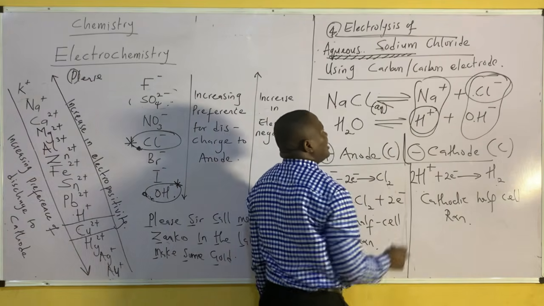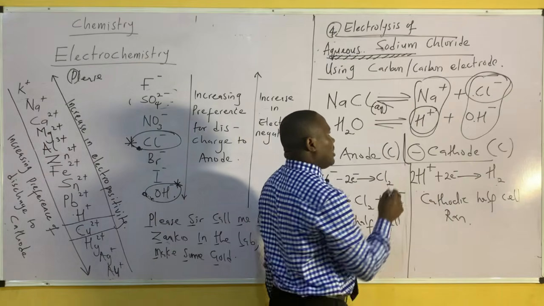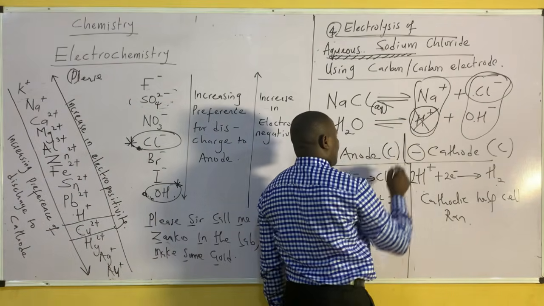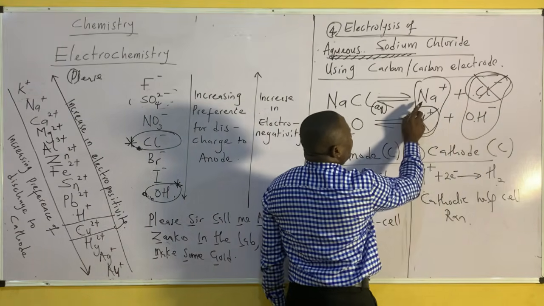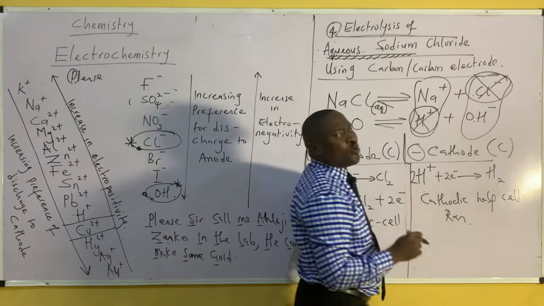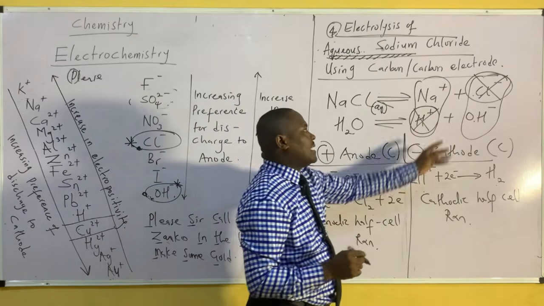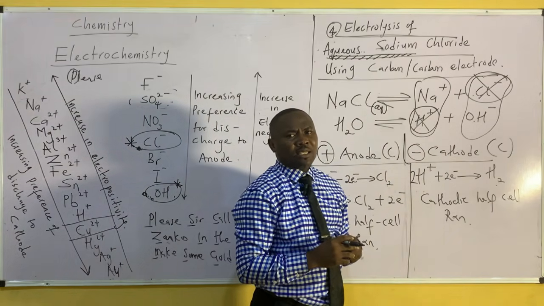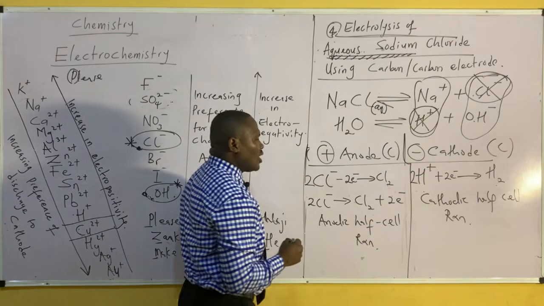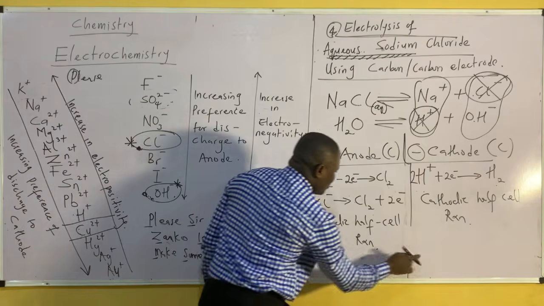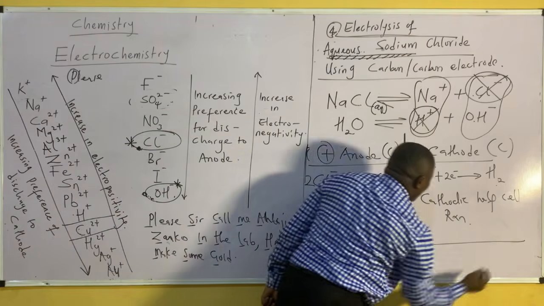Now, what are the products left? What will now be the nature of our electrolyte? Remember, this one left and this one also left, leaving sodium and OH minus, meaning the electrolyte will be alkaline. Now take note, these are important questions.